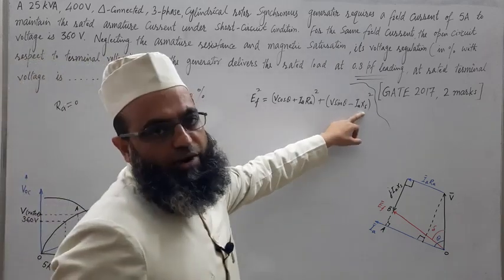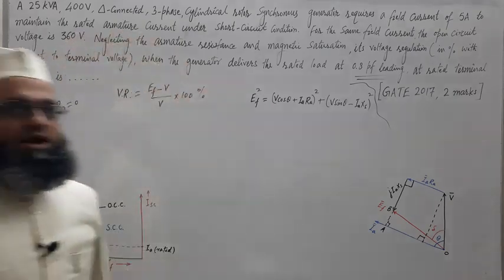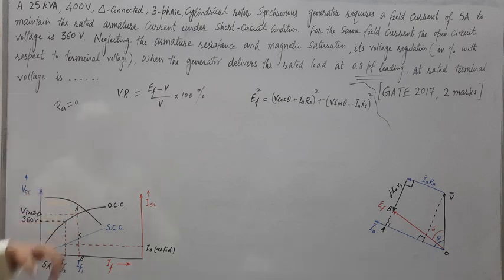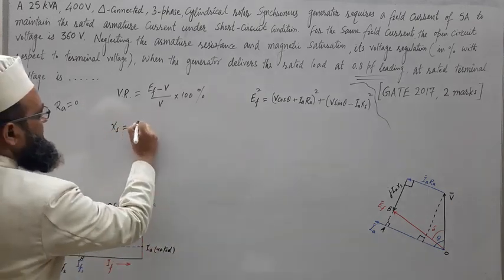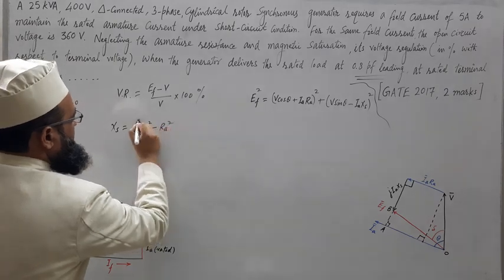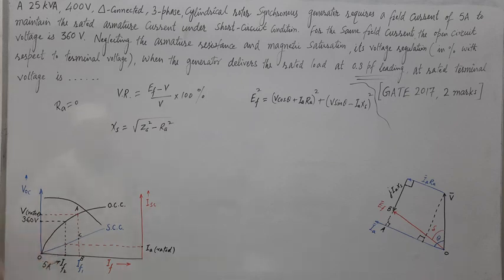Here XS will be required. You will see nowhere the value of XS is given directly, but as I told you earlier, XS will be obtained with the help of this formula. XS is nothing but the square root of synchronous impedance square minus RA square. You know it very well. And this ZS will be obtained from here. ZS will be the ratio of open circuit voltage to the short circuit current at a particular field current.